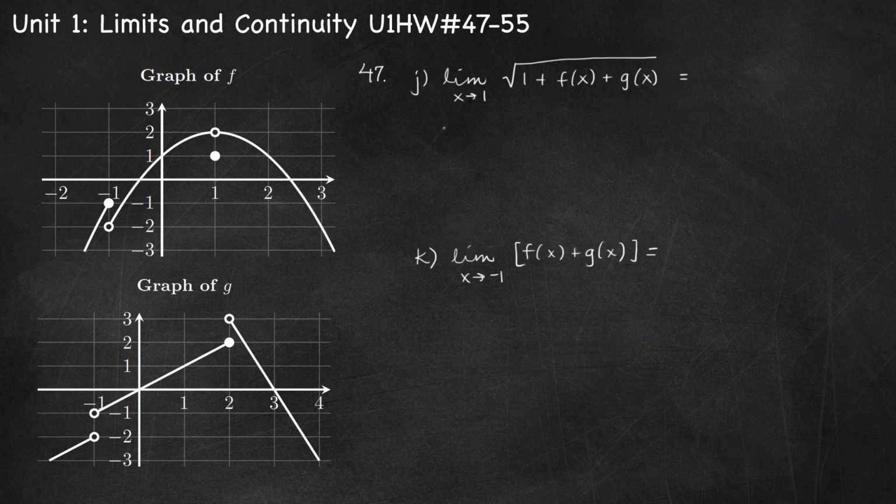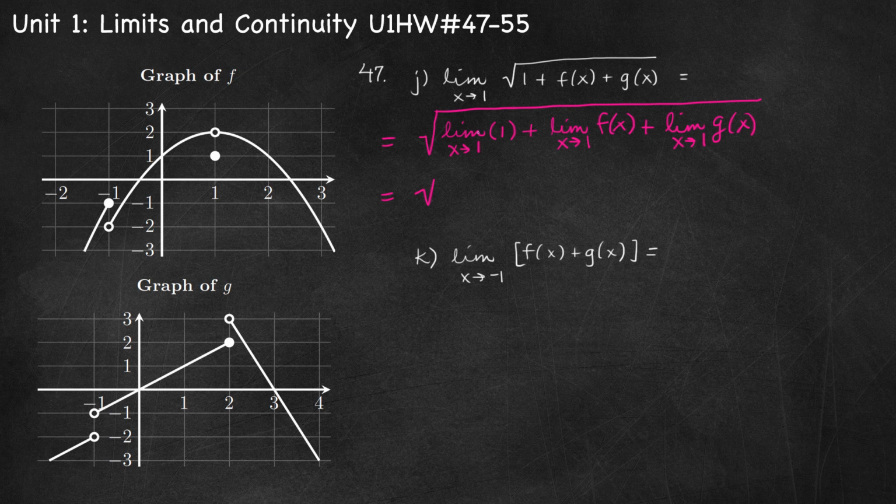Part J. Now using our property of limits, we could write this as such. The square root of the limit as x approaches 1 of 1 plus the limit as x approaches 1 of f of x plus the limit as x approaches 1 of g of x. All that under the square root.